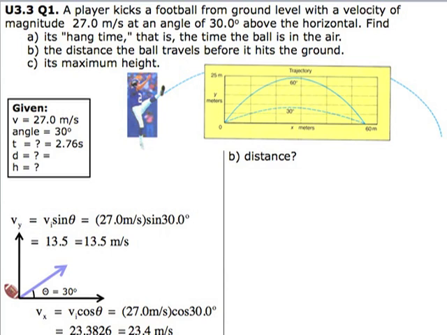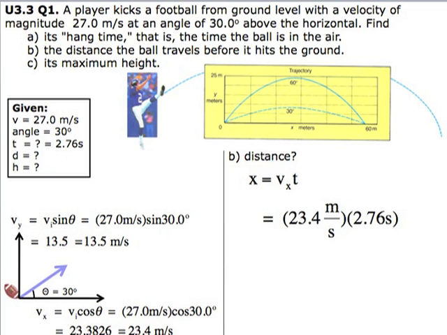And so our second question is the distance. How far does it go from here all the way down to there? We're going to use x for that distance, which equals the velocity in the x direction times the time in the air. The time was 2.76 seconds, and the velocity in the x direction we calculated earlier is 23.4 meters per second.